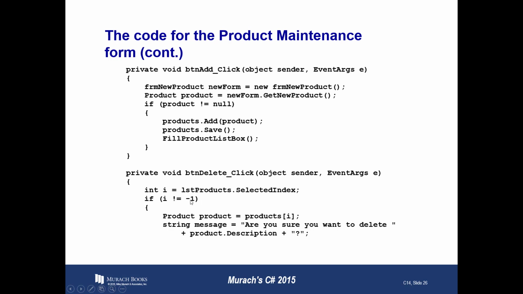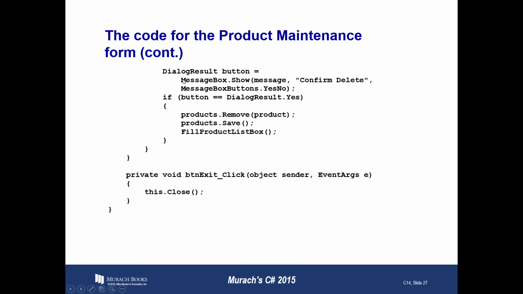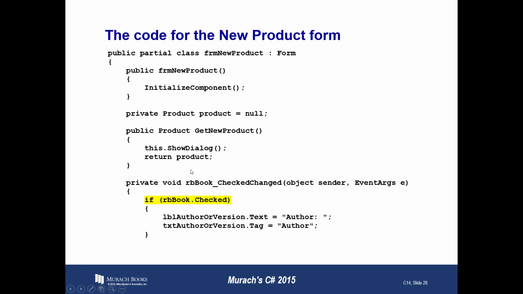If we have not chosen a product to delete, then the selected index will be -1. Remember that the first index number is number 0. So if it's not -1, we just ask, are you sure you want to do this? If they come back with a message box and say yes, we do, you remove it. You don't say, are you really, really sure? And then we've got our exit method.